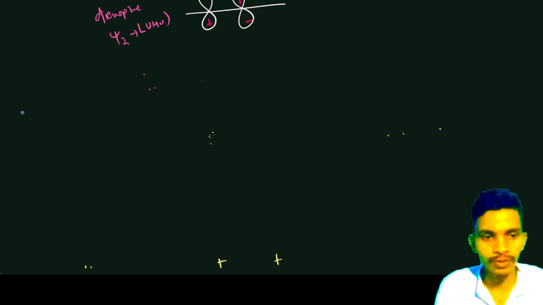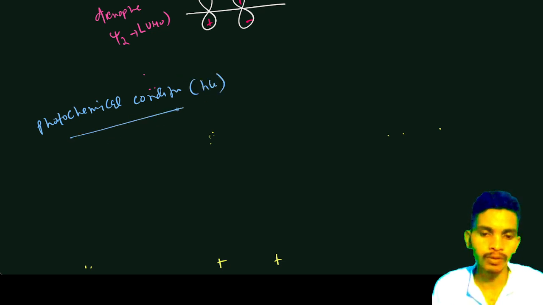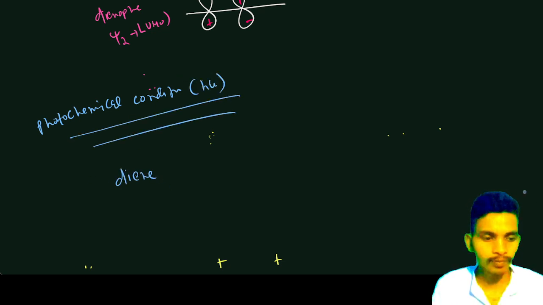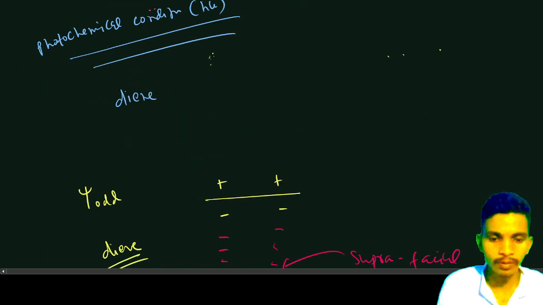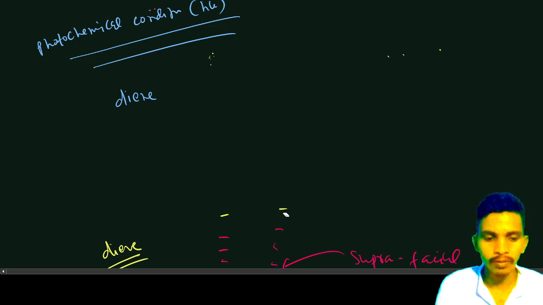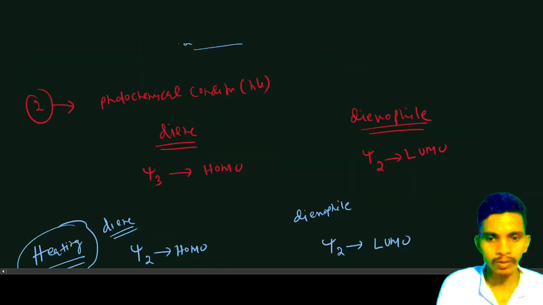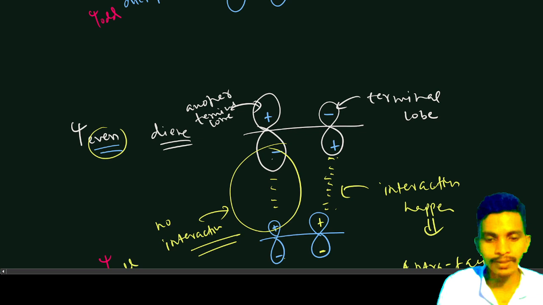For photochemical conditions, that is hν, what we see is that for the diene case, side 3 is the HOMO.